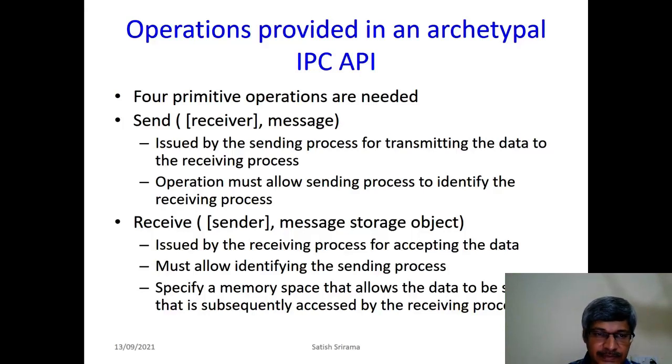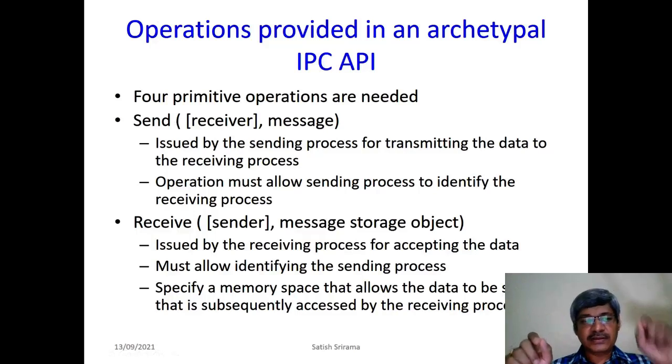The first one is send, which should have the information about the receiver process, and the message you are actually sending. The send operation is issued by the sending process for transmitting data to the receiving process. The operation must allow the sending process to identify the receiving process.